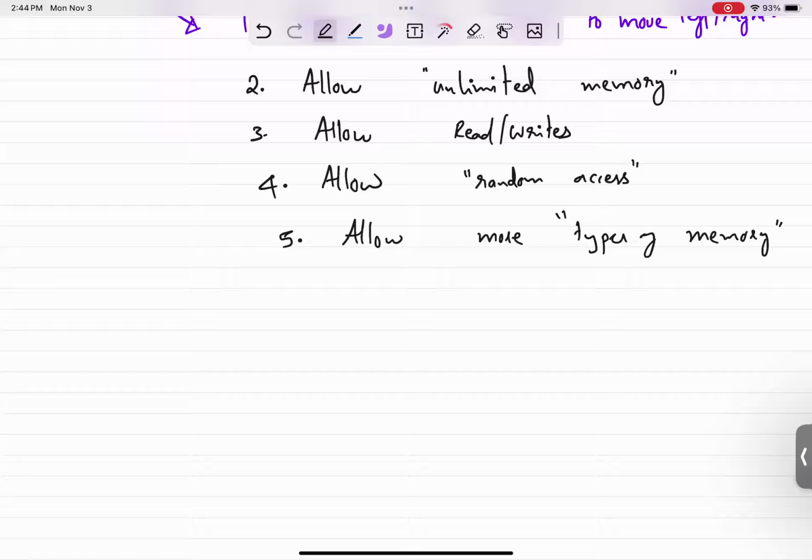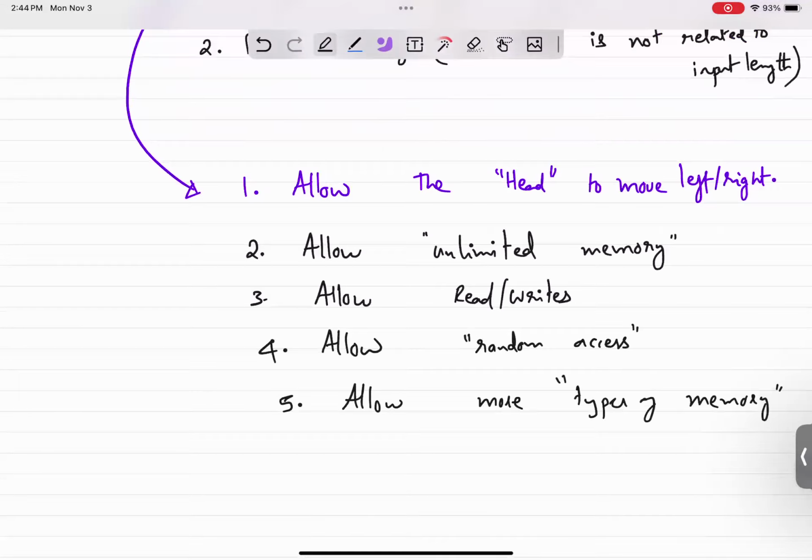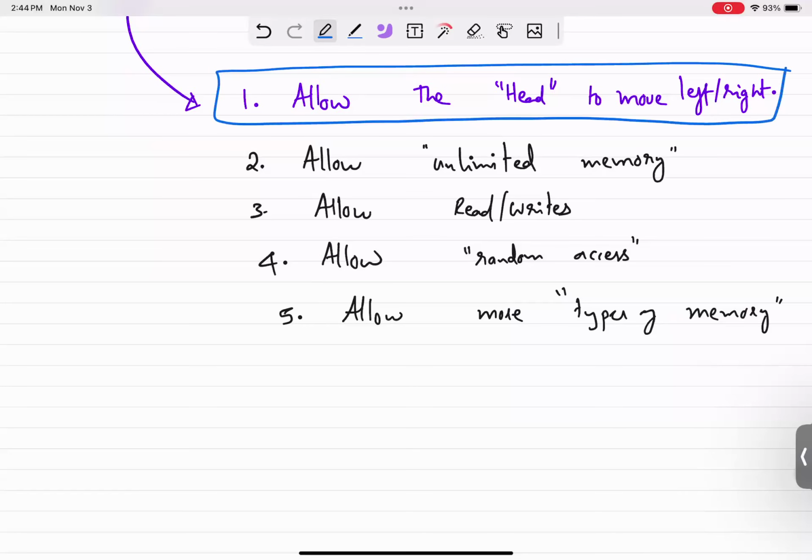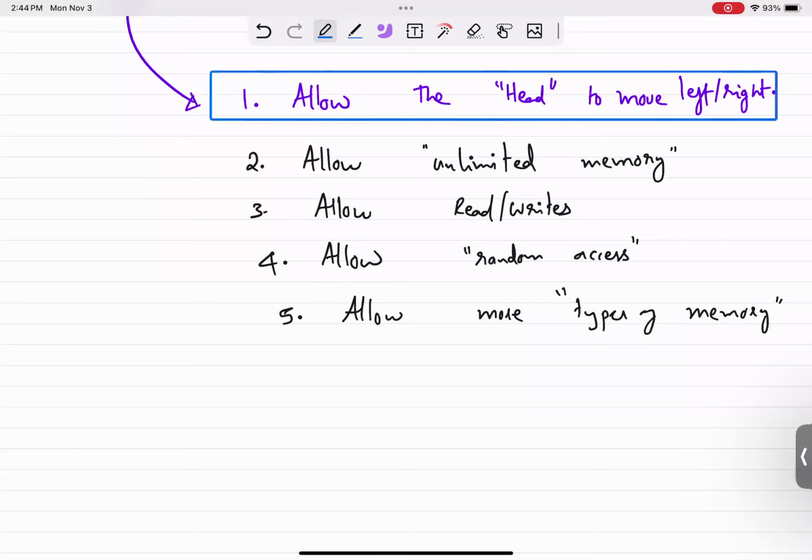All right. So it turns out that out of all of these things, we can capture any form of computation with only a few.